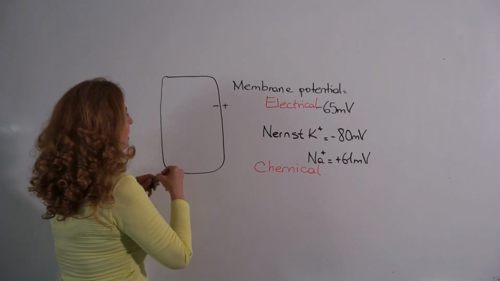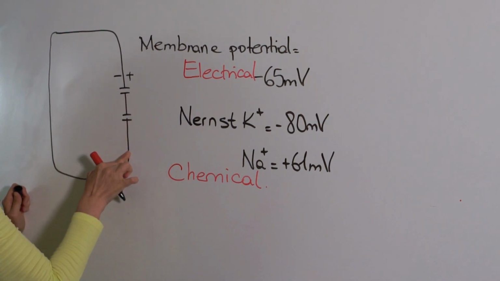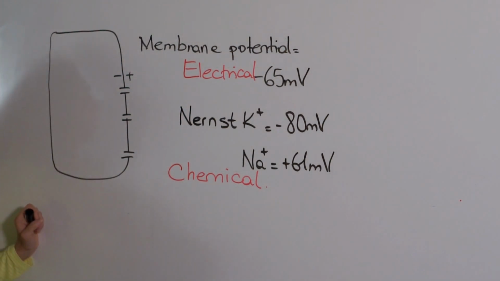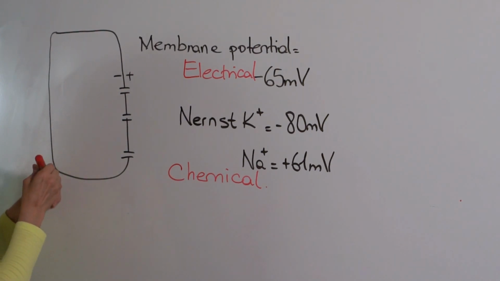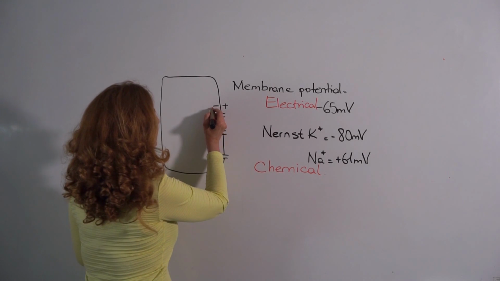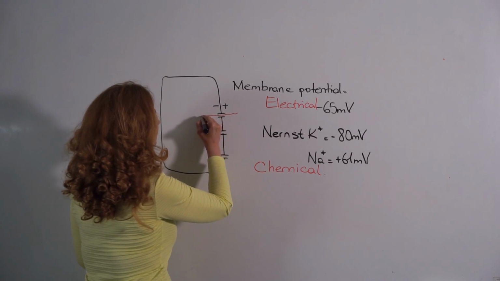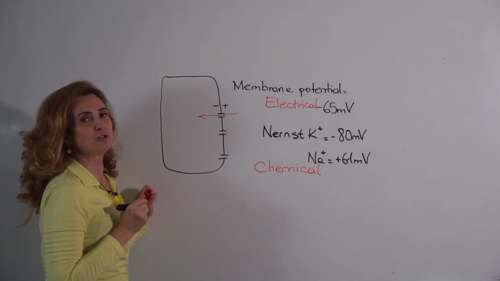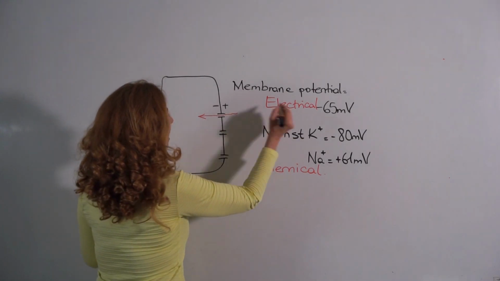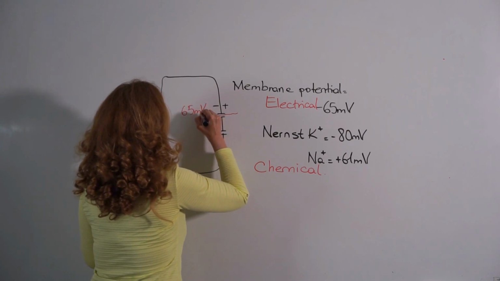Under these conditions, let's imagine that channels for potassium open on the cell membrane. The electrical force of minus 65 millivolts, how will it act on potassium? Because the negativity of this electrical force is inside the cell, the electrical force will be pulling the potassium into the cell with how big a force? 65 millivolts.